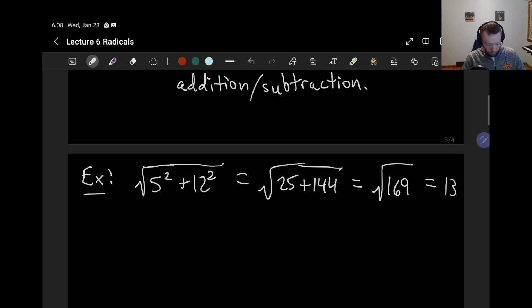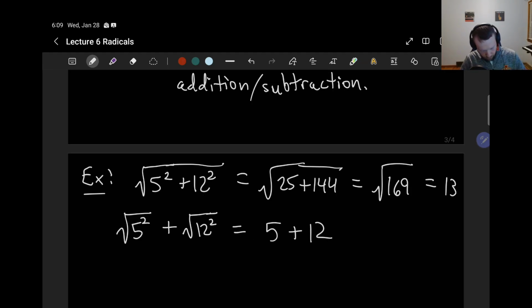Now let me show you if we were to split that square root, like we may have been tempted to do. Well, the square root and the squares, they cancel. And we get 17. Well, that's not the same number as 13.